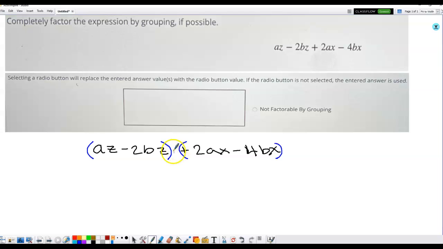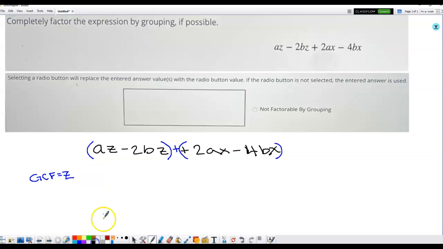This did not automatically become multiplication. So it was important to include this sign inside the parentheses, but remember that this did not turn into multiplication. Now I'm looking for the GCF of the first 2 terms. If I look, they do both have a Z in common.